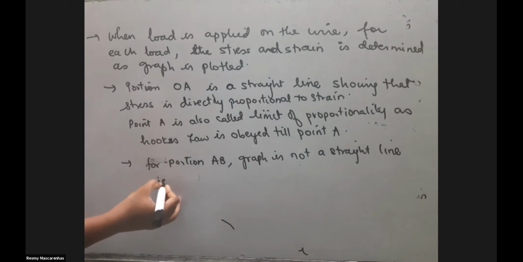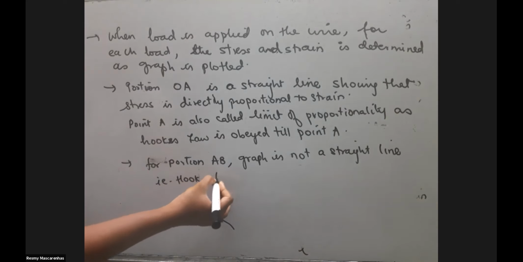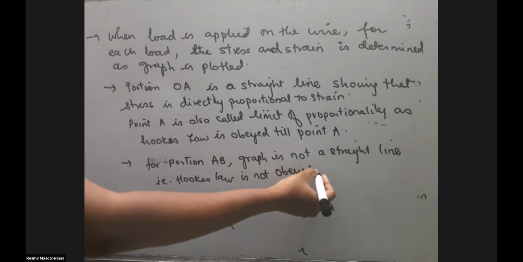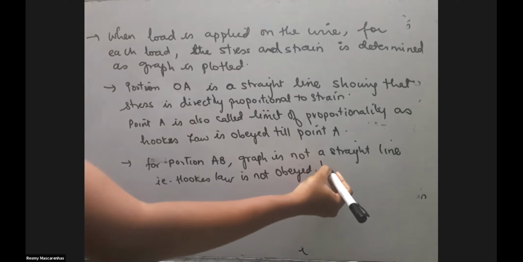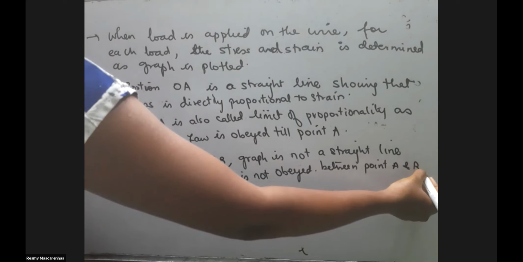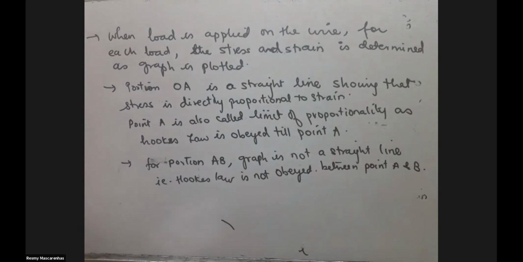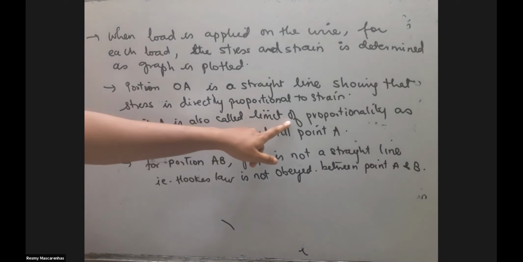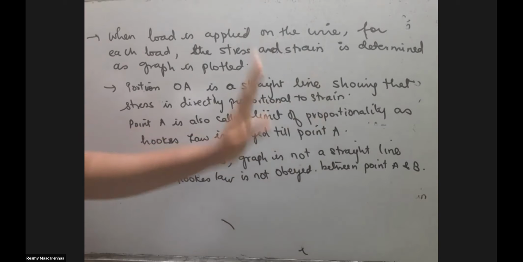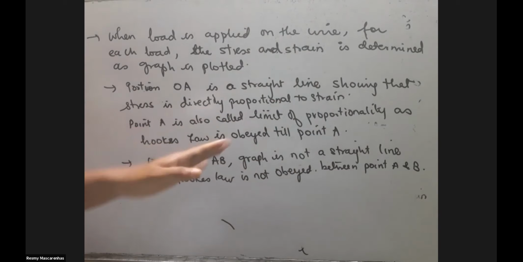That is, Hooke's law is not obeyed between point A and B. Till point A, there is a limit. So the moment point A is reached, its limit is reached. Now it is no more proportional. Then it will be slightly different from a straight line. So Hooke's law is not obeyed then.